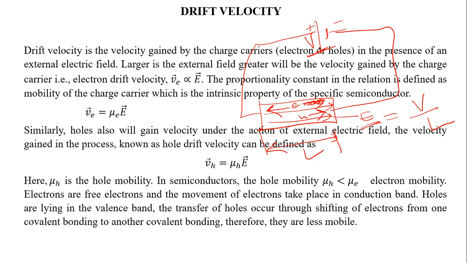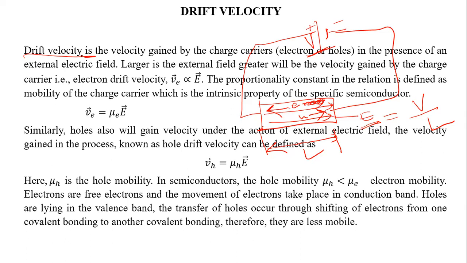That is what we define as drift velocity. Under the action of the external field, the electrons and holes, the charge carriers, will move within the semiconductor, and that movement is called drifting under the external field. The velocity attained in the process is called drift velocity.